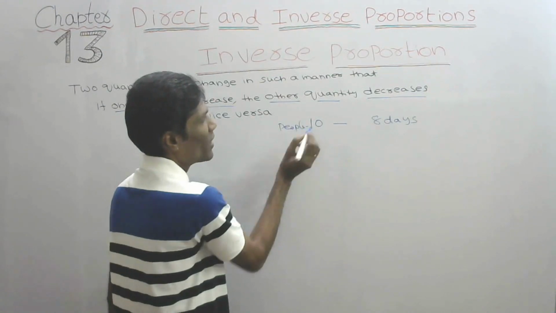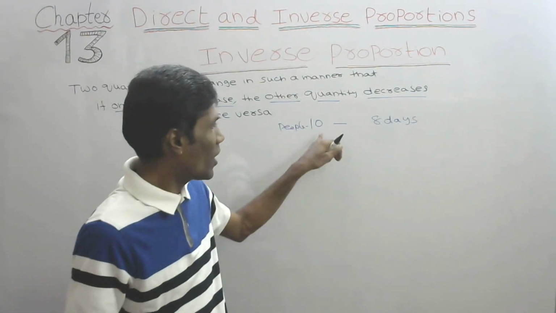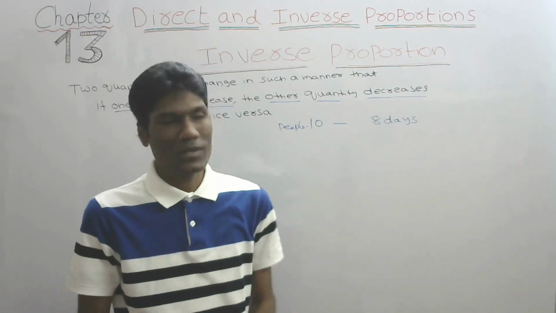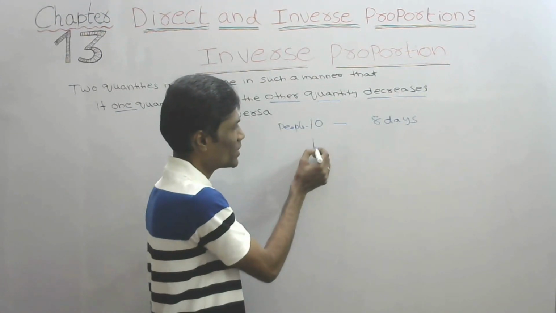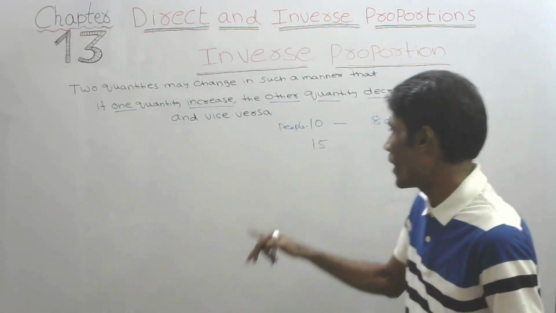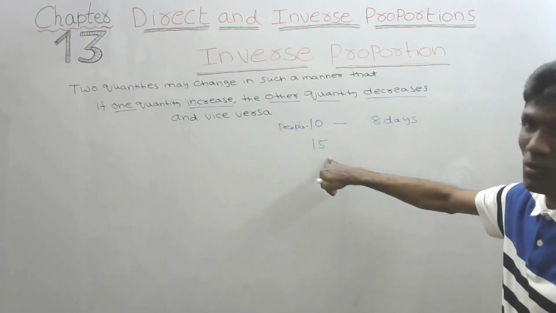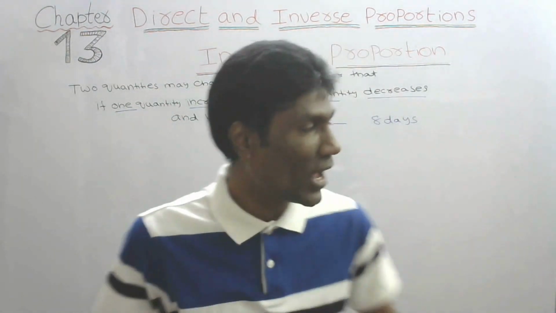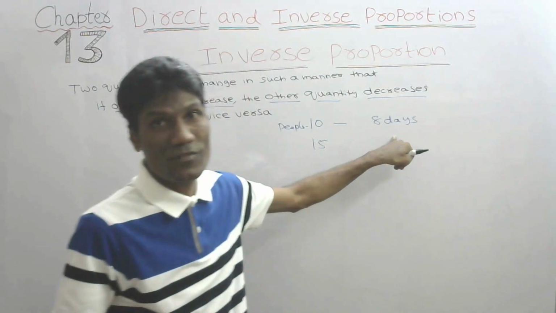Now I will increase the number of people, say for example, from 10 to 15 people. Now I am increasing one quantity. Tell me what is going to happen to the number of days.